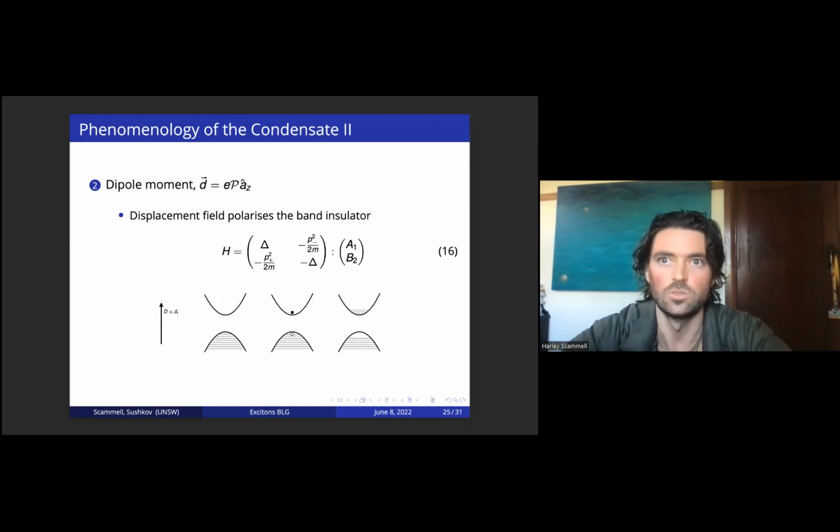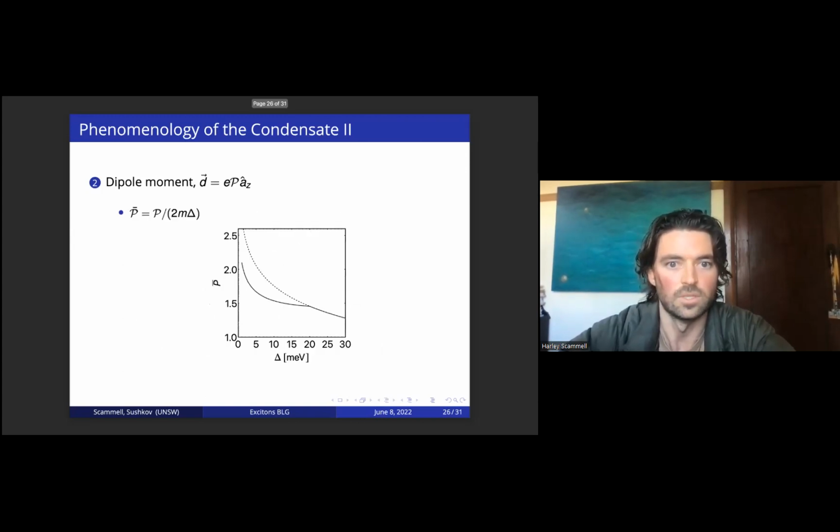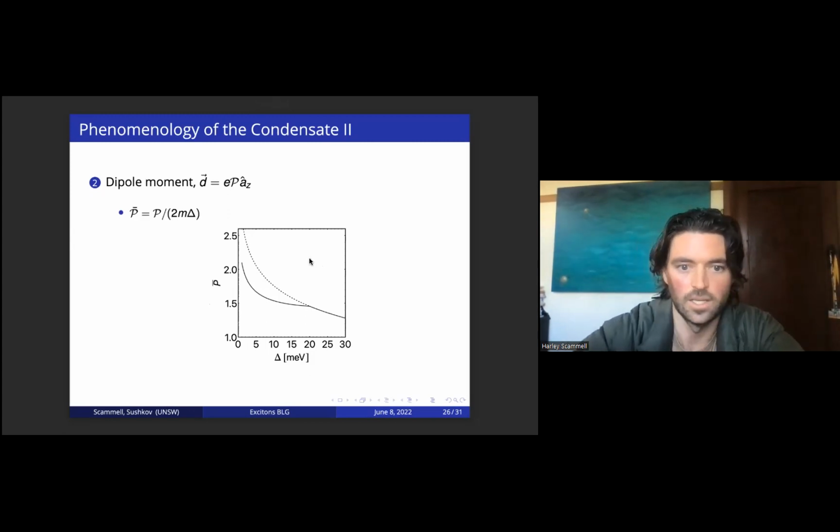The slight issue is that whenever you have a condensate, it's not that you condense the entirety of this valence band. It's just some small fraction. But we think that we carefully estimate this small fraction. We believe this will be enough to be seen in an experiment. Just here's a plot of our calculation.